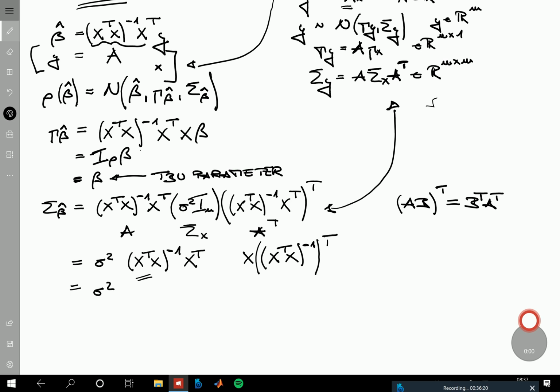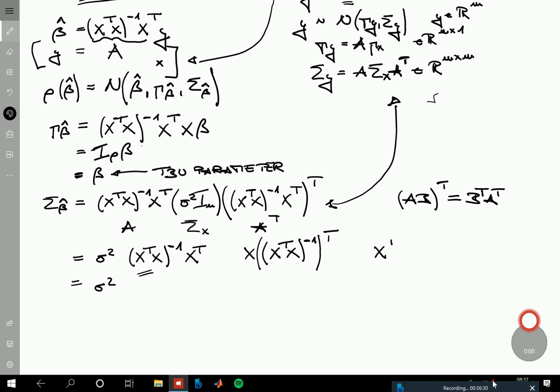Oh, there's a typo in the script, because there's a weird T. Then we assume that we know, because we would have to show it, but this is what I'm telling you, that the transpose of this is the same as this, which follows from the symmetry, because you have a matrix multiplied with itself, so it's a symmetric matrix.